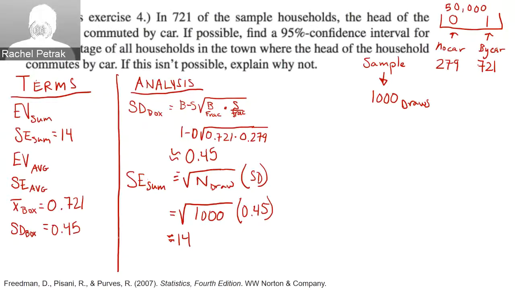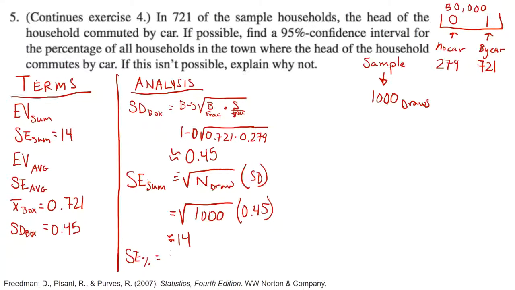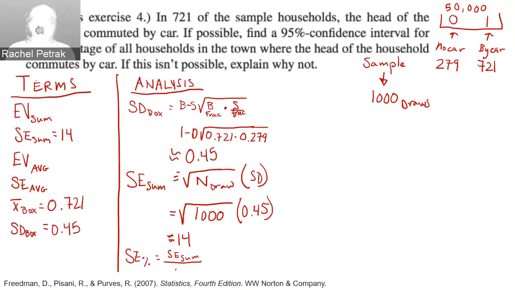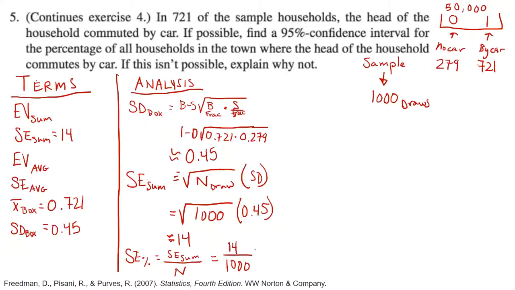And then we can easily get the standard error for the percentage by taking our standard error for the sum, dividing by our n, or 14 over 1,000. So the standard error average is 1.4%.